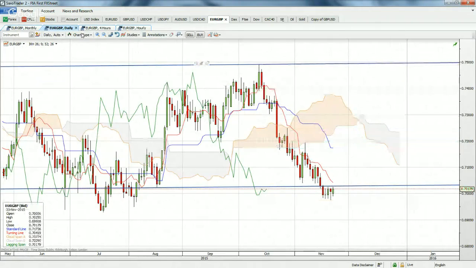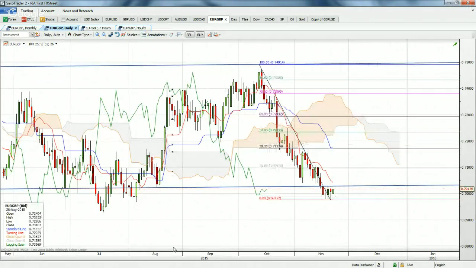If we just break that off and put the fib retracement tool on, some decent levels to note, just to talk about where our support and resistance are. So we've got daily resistance coming in about 70.69, even below this 23.6% pullback level.